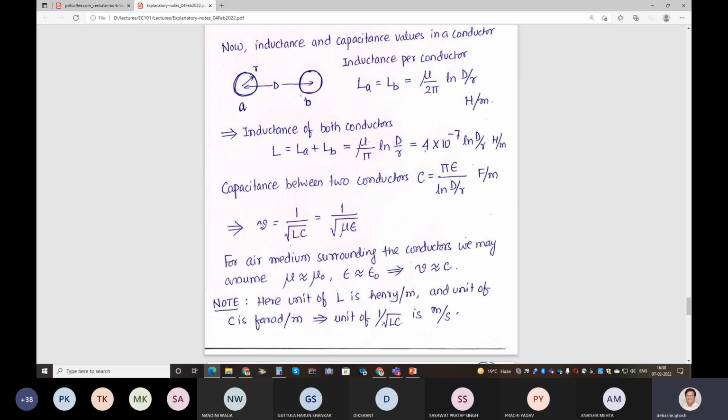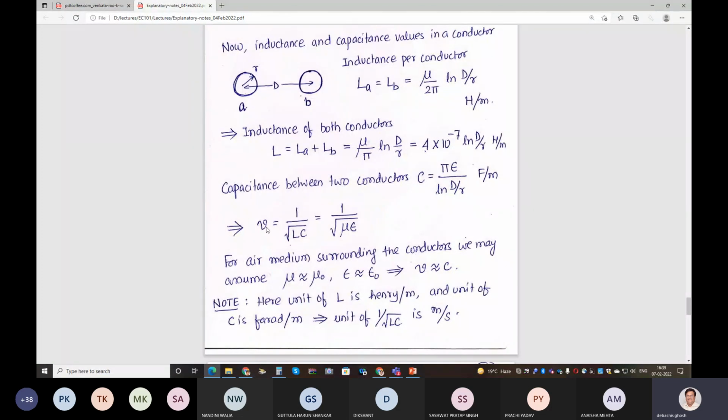So root over LC turns out to be second per meter, because here you have per meter. That will be the unit of this, and hence the unit of V is meter per second.